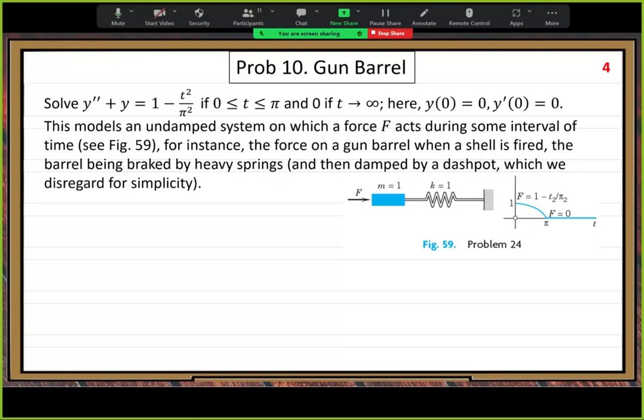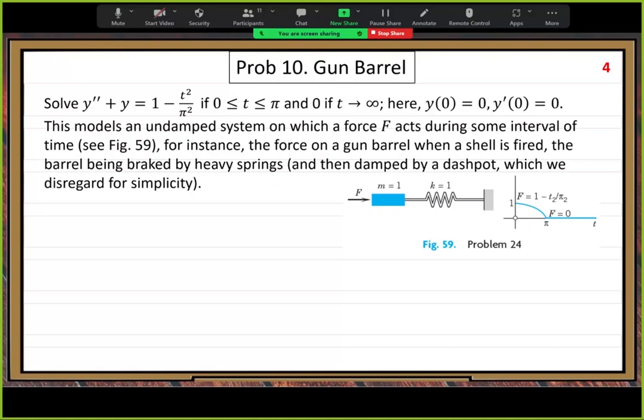After pi, the force equals 0, for t from pi to infinity. Then the initial conditions.